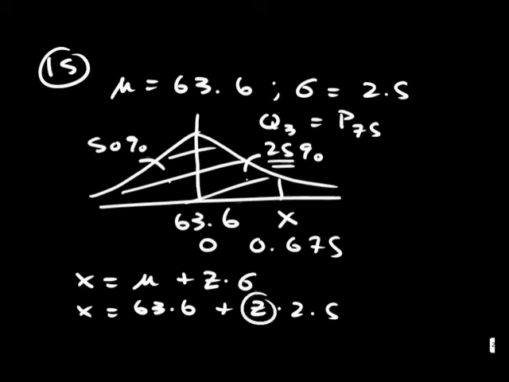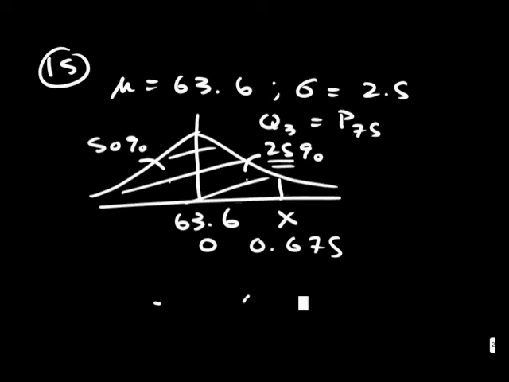So I will rewrite this with the backwards formula in mind, so we could determine the value of x, or the height. X is 63.6 plus 0.675 times 2.5.